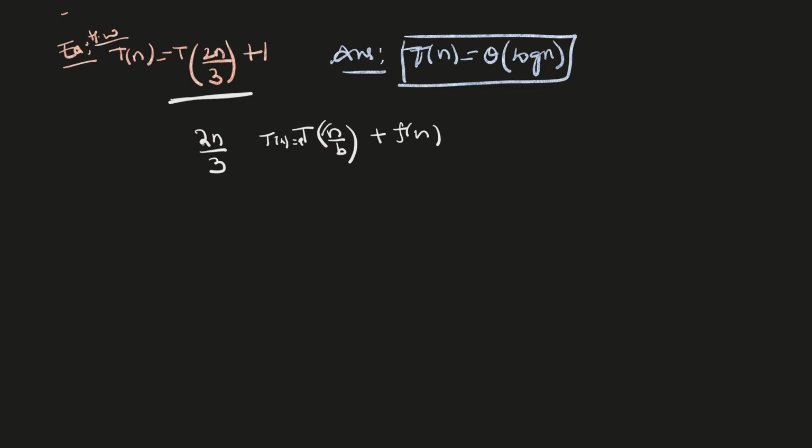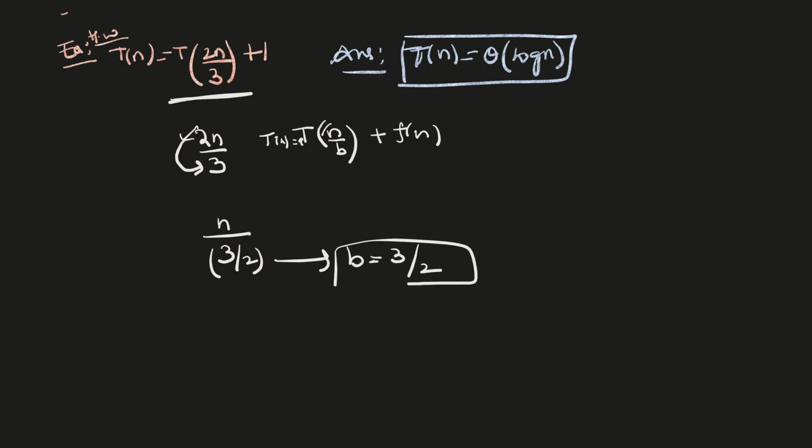See, the coefficient of n is 1, but here it is 2. So this 2 would be in the form of division for 3. So this would come out to be like this. Now the value of b would be 3 by 2. You might get confused, so please look at this. Now using this, solve the following problem and your final answer would come out to be this.